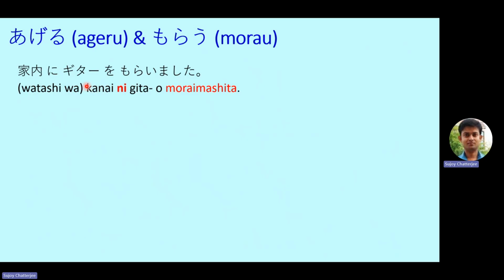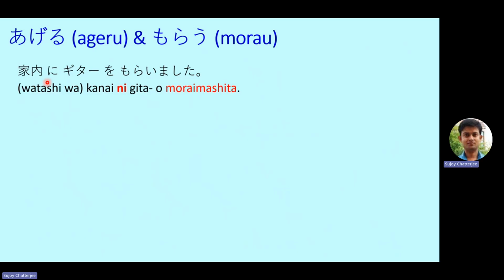Since ni appears after kanai, and there is the verb moraimashita, the subject, which is I, is receiving something from kanai. Kanai ni moraimashita means receiving from kanai. What am I receiving? Guitar, gita. Watashi wa kanai ni gita o moraimashita.